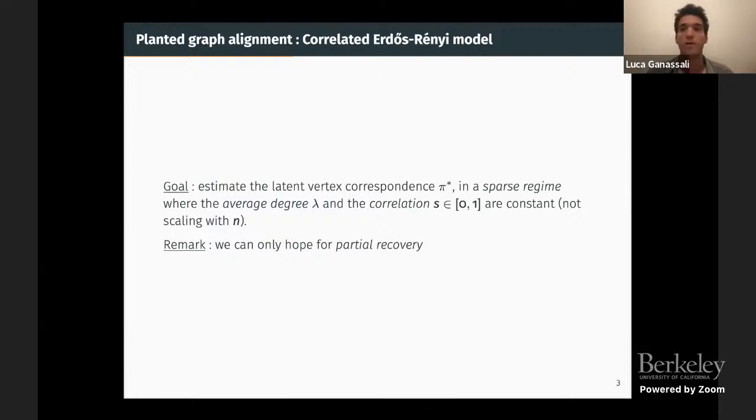We cannot hope to recover every single vertex in the correspondence. This is just because in this regime, there are too many isolated nodes in the graph. So if I give you some isolated nodes, of course, there is no way to match them better than just a random guess. So we are aiming at an estimator which overlaps with pi star over a non-vanishing fraction of the nodes.